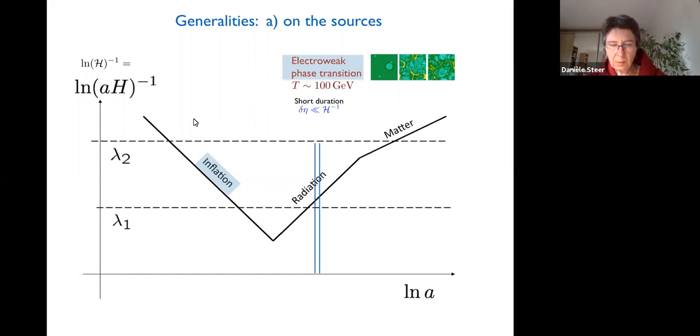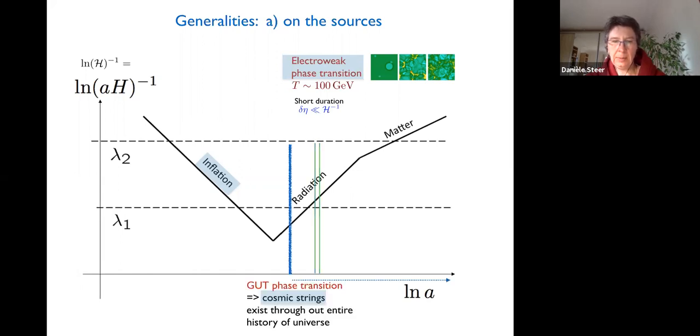And the third source, which I want to focus on, is not going to be short duration like this one, which switches on and then switches off over a short period of time. It's going to be a source which is produced at one period of time during the expansion of the universe, hypothetically at the phase transition associated with grand unified theories, so 10 to the 16 GeV.